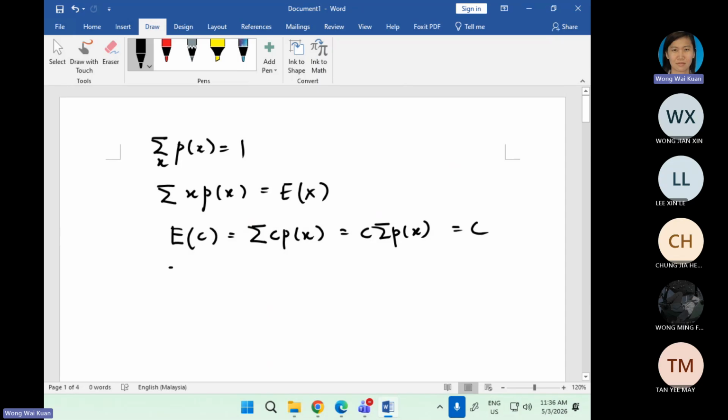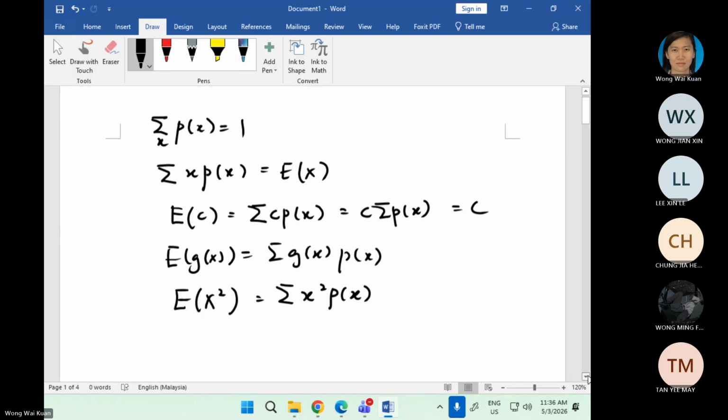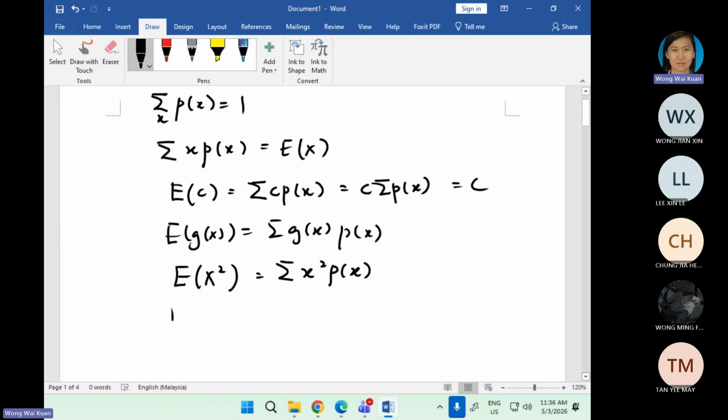Okay? Then just now we also said E of GX is a summation of GX multiplied with PX. So that means if I have to find EX squared, then I sum X squared multiplied with PX. So if I want to find E of X squared plus X, then how do we do it?